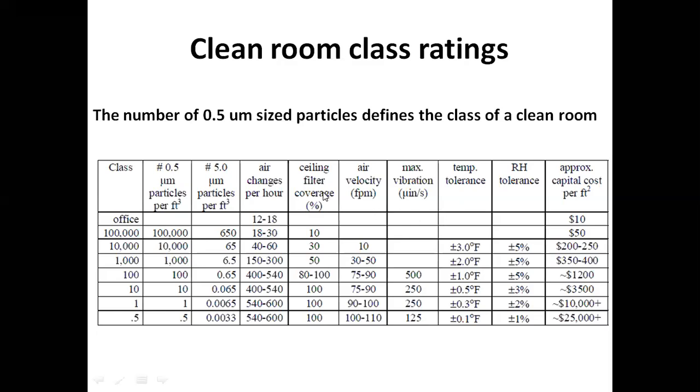So ceiling filter coverage percentage for 100,000 plus, 10% area of the ceiling will be covered. 10,000 plus, 30% will be covered. 1,000, 50% will be covered. 100 class clean room, 80 to 100%. Similarly, 10, 1.5, the 100% area would be covered with the HEPA.